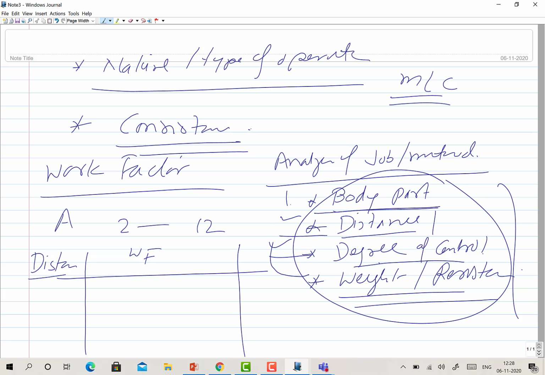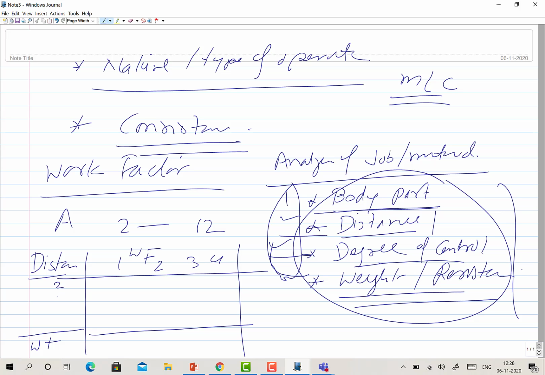The more the number of factors, the greater the time taken. So the distance is one factor, and another is the weight, for which the time values are identified, between say work factors 1, 2, 3, 4. Depending on the number of work factors involved, the time value will keep changing.